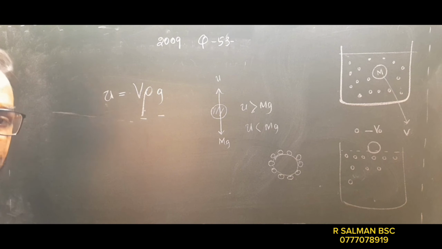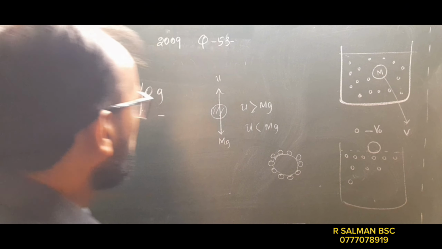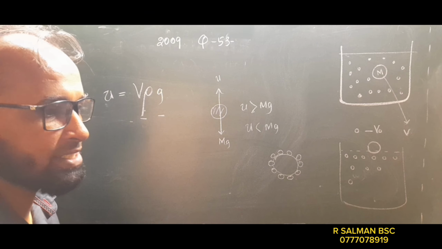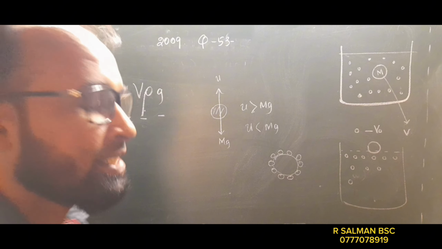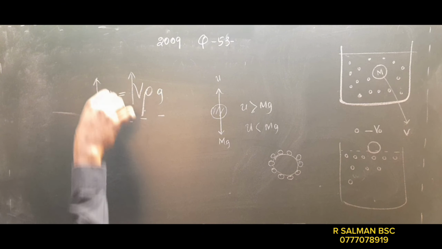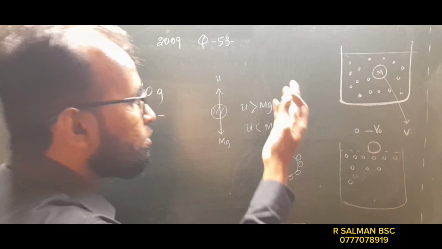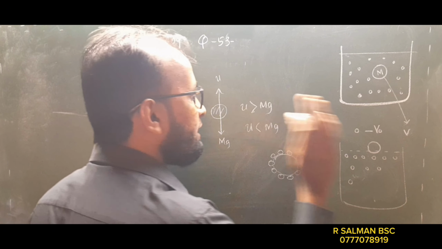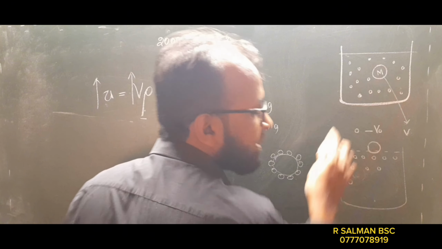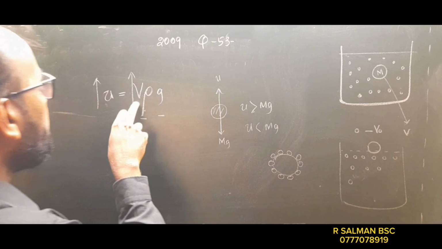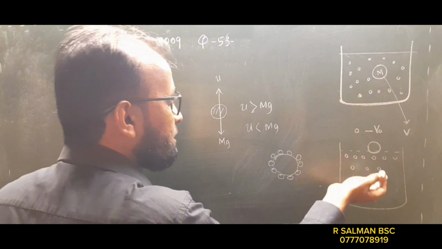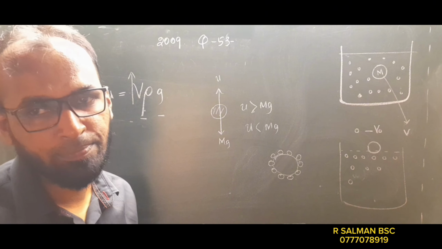Rho and g remain unchanged, and the density is given as dW. So when the volume increases, the upthrust automatically increases, so you can move this up. The idea is to get some bubbles attached to it, so the volume increases, the upthrust increases, and this will move up.